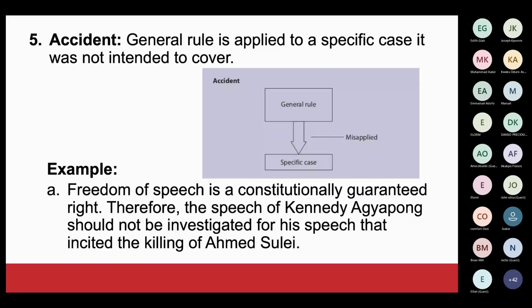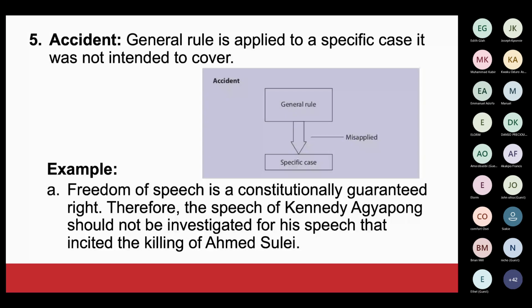For instance, if you incite people, or you say something that leads to the destruction of property, you cannot say you were just expressing your freedom of speech. No, it is unacceptable. The general rule is that freedom of speech is your right.